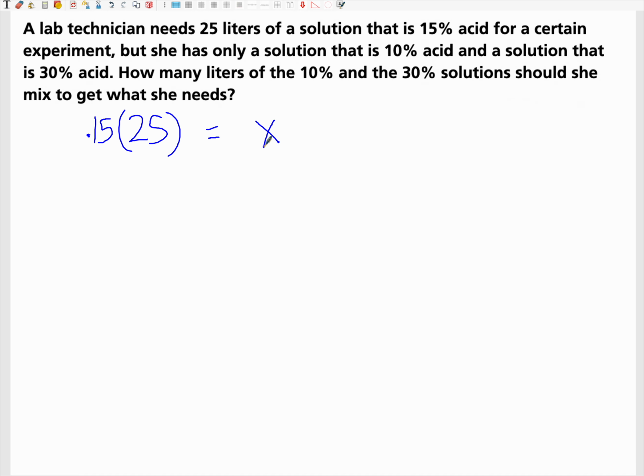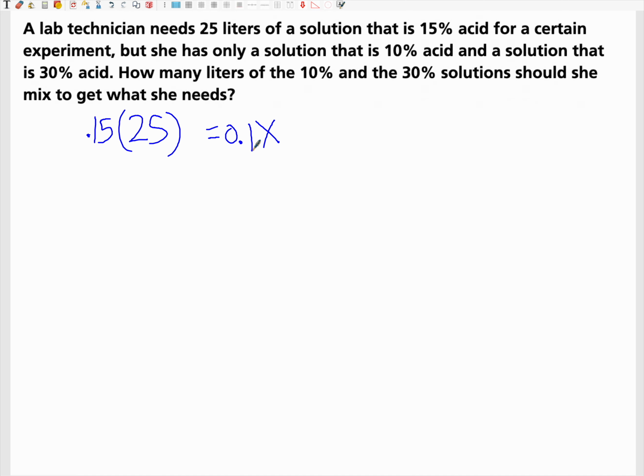But if I've got that number of liters, how much of it is acid? Only 10% of it is acid, right? So I'm gonna do 0.1x, I guess, would be a simpler way of writing that. 0.1x, that's the 10% acid solution, right? That make sense?